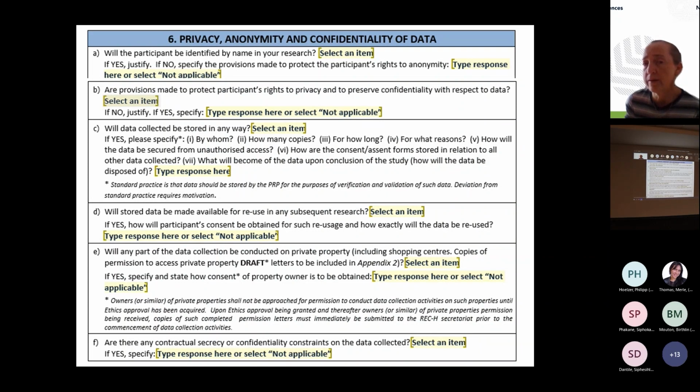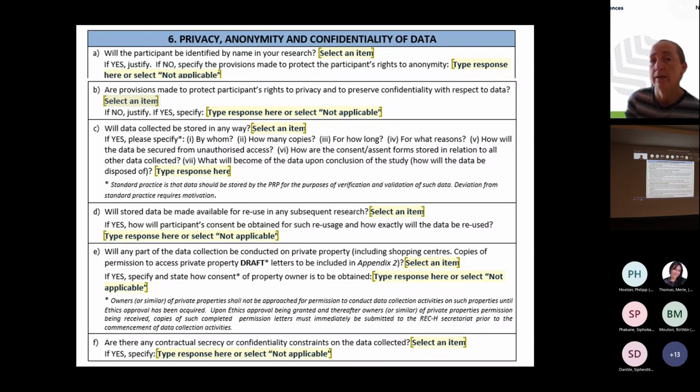So it can be stored by the student also, but remember, the M&D student will usually leave the university after you've completed your studies. You will no longer be traceable at the university. So the PRP, the staff member, is the constant in this. So data should be stored by the PRP for the purposes of verification and validation. Very important words.